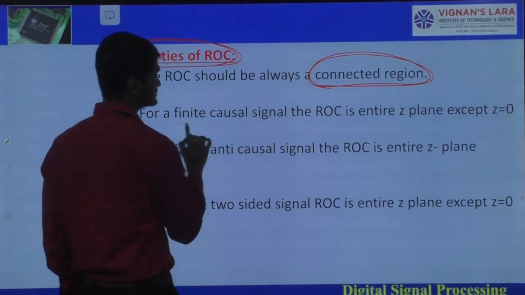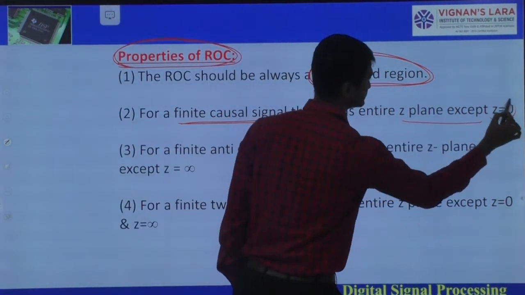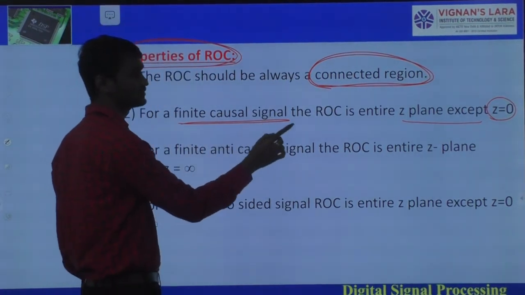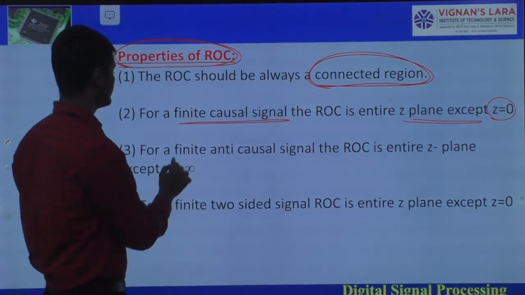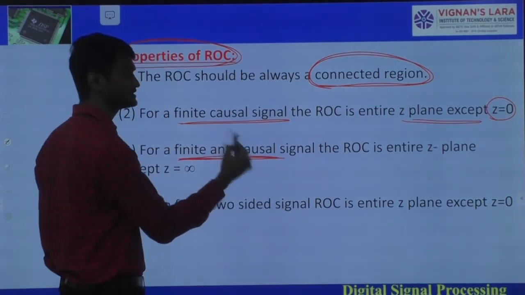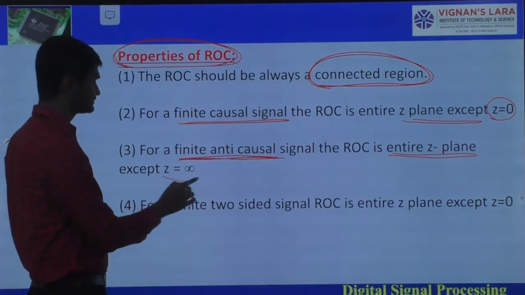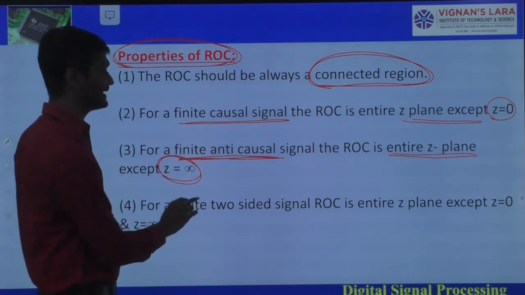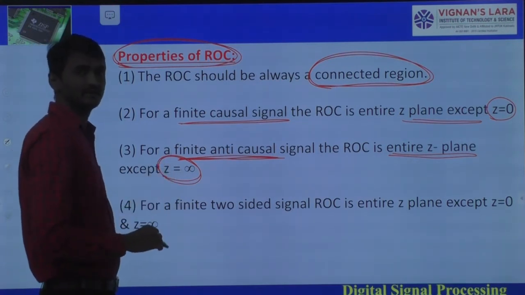For a finite causal signal, the ROC is the entire z plane except at z equals 0. Similarly, for a finite anti-causal signal, the ROC is the entire z plane except at z equals infinity, opposite to this one.